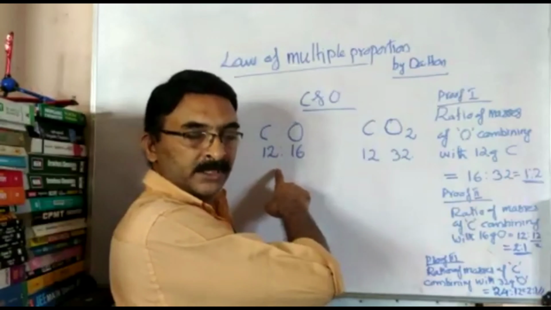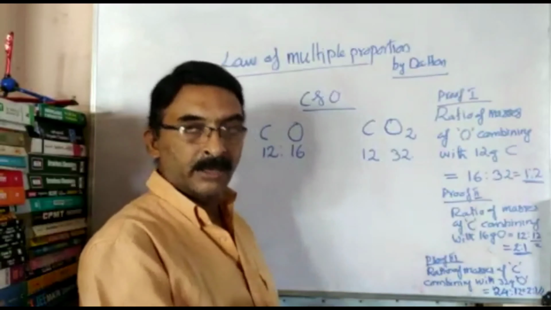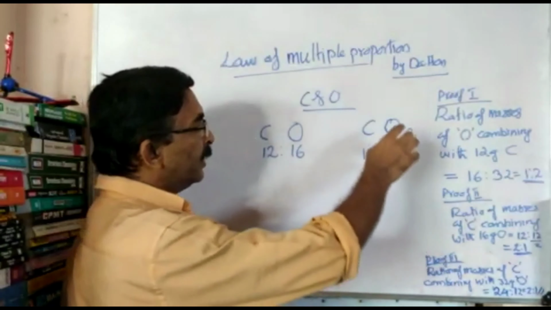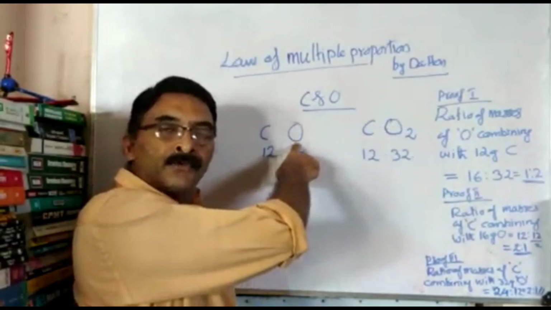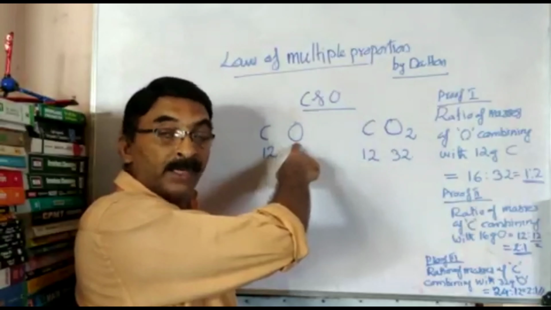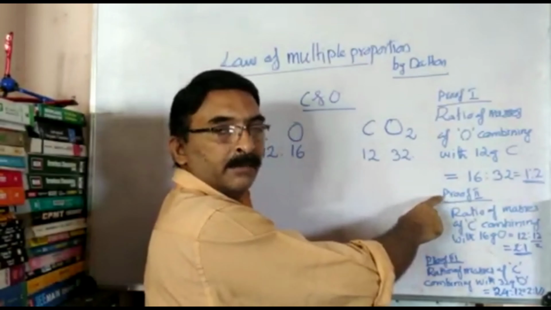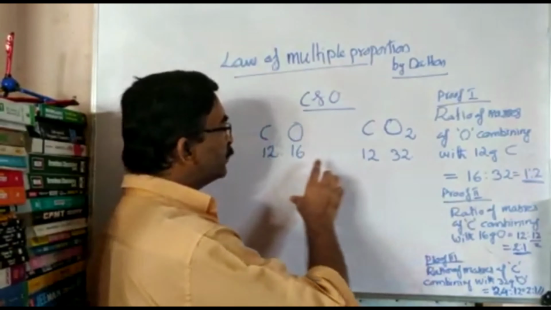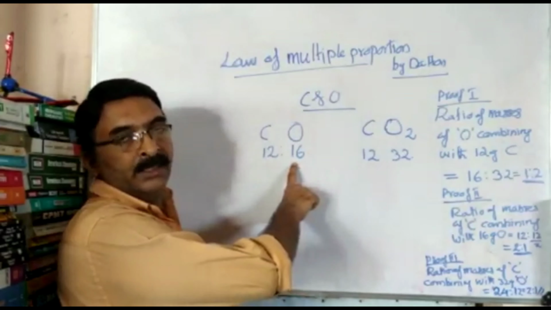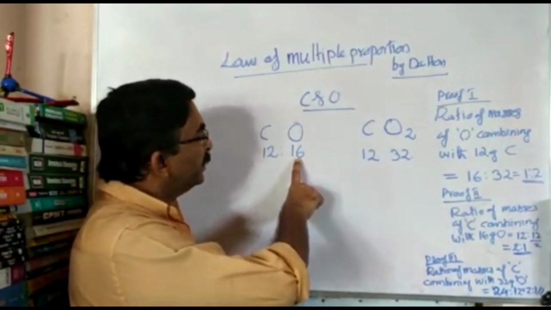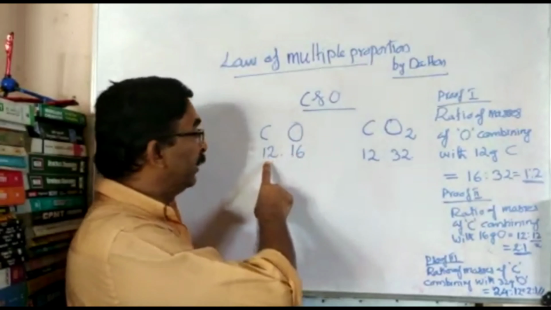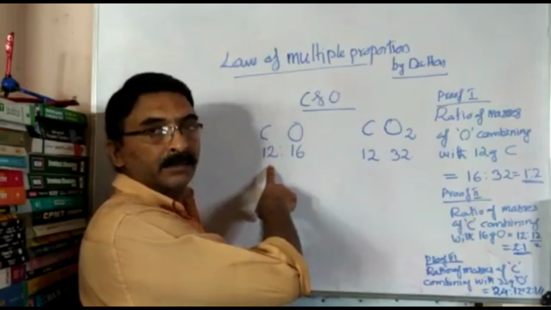But we need not always restrict this study to taking the ratio of the second element combining with a fixed mass of the first. We may take it the other way. We can take the fixed mass of oxygen and find the ratio of mass of carbon that combines with a fixed mass of oxygen. Suppose we take 16 gram oxygen as the fixed mass. Then this 16 gram oxygen is combining with 12 gram carbon here.